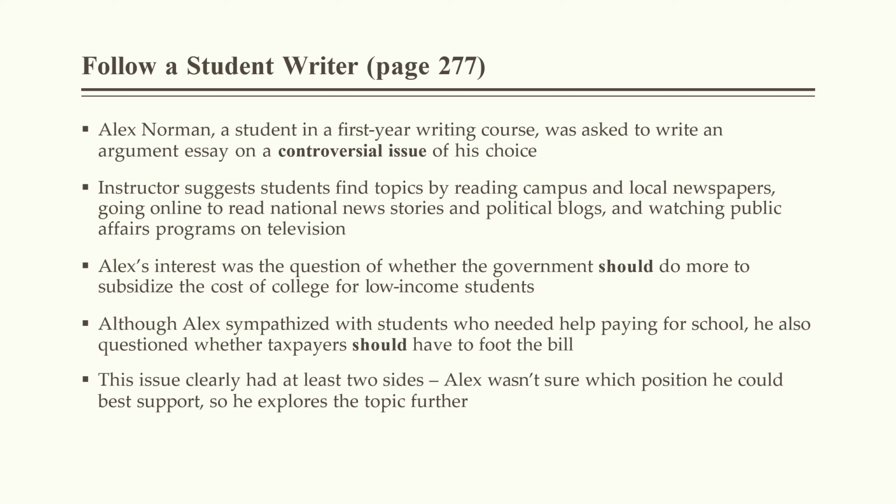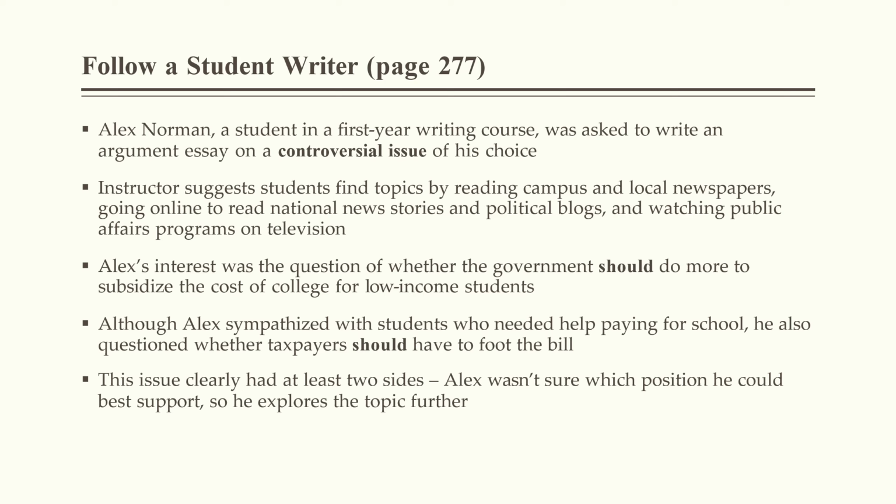And we're going to follow a student writer. So they had to pick, Alex Norman had to pick a controversial issue. And Alex here did some research looking at whether government should subsidize the cost of college for low-income students.